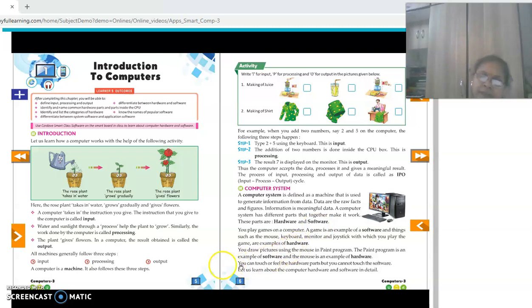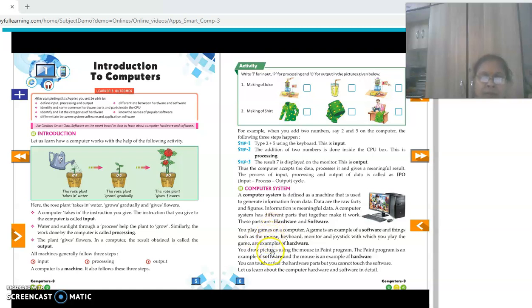For an example, you play games on a computer. So game is an example of the software, and things such as the mouse, keyboard, monitor and joystick with which you play are examples of hardware. Now next example, a student told me he is using Paint.